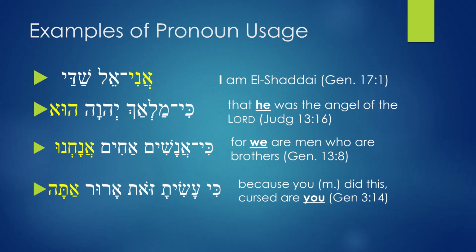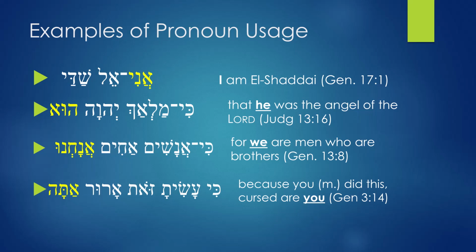Now, achim is a plural. It means brothers. That im ending means masculine plural. So you have achim, brothers. Anachnu is we. So you have for, anashim, men, achim, brothers, anachnu, we.